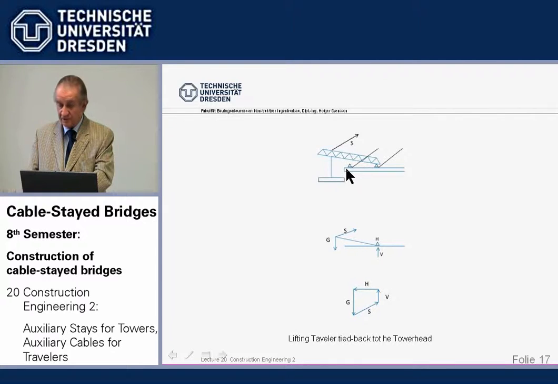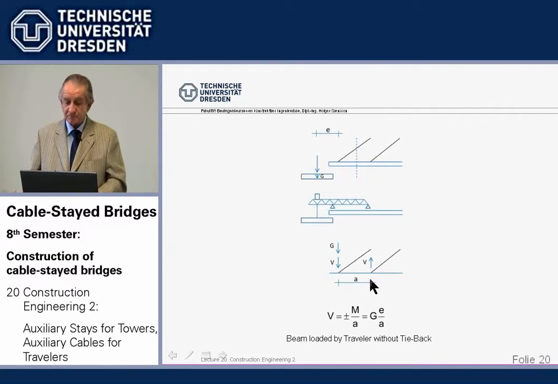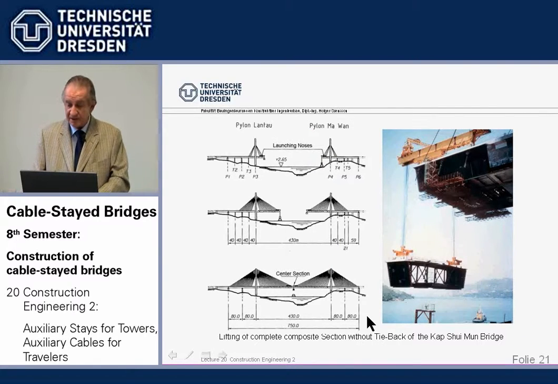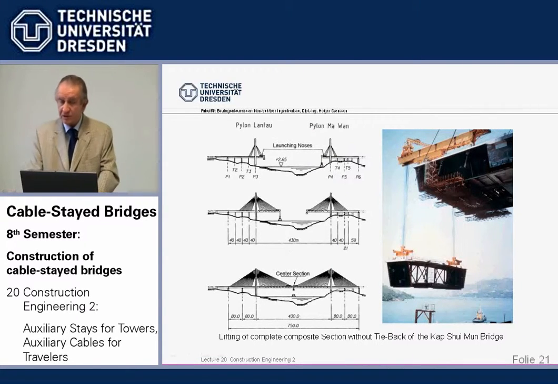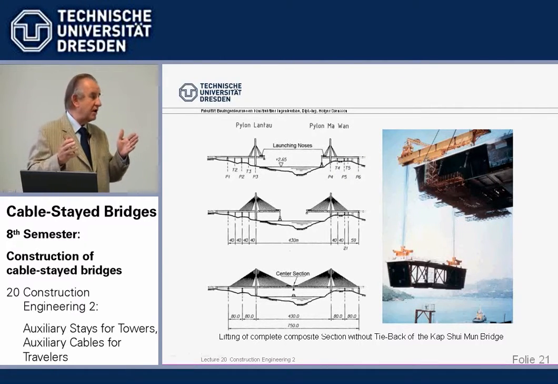Here we've lifted it off from the front support, then we leave it on, and then of course we have the weight plus the moment from the eccentricity, which is an important force, and that can only work if I have a deep beam and/or a small cable distance or element length.